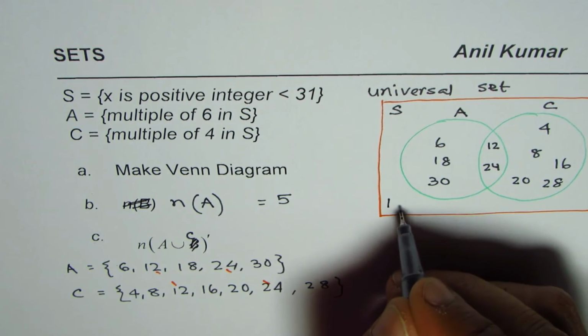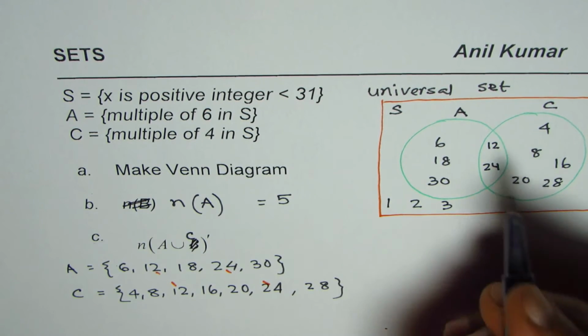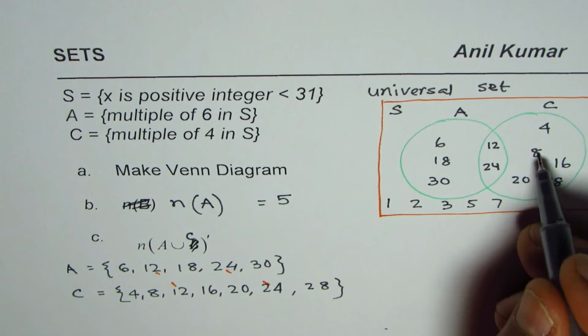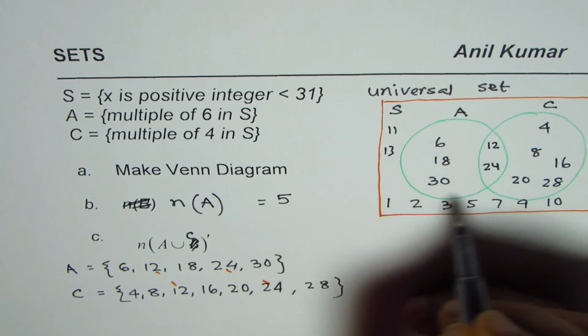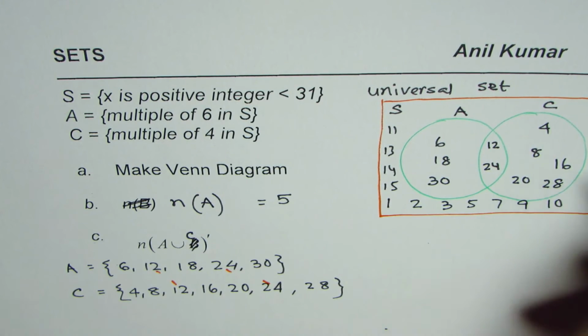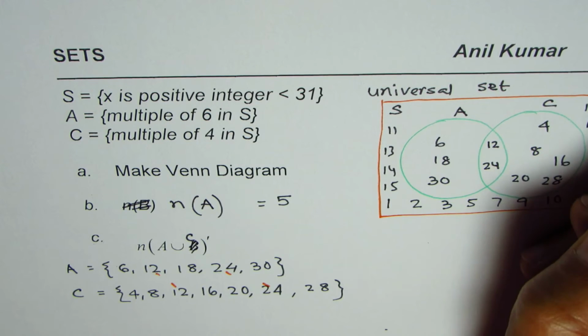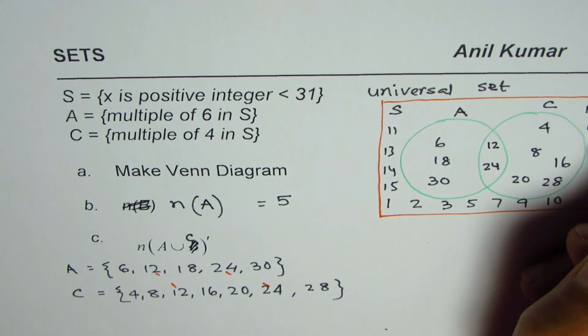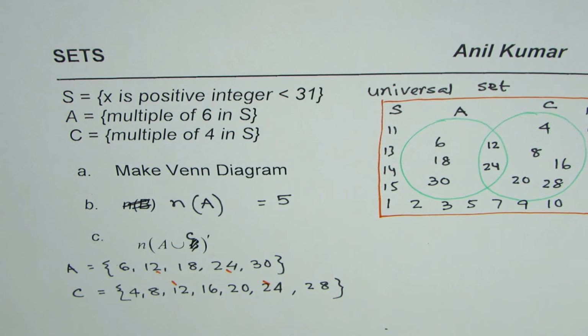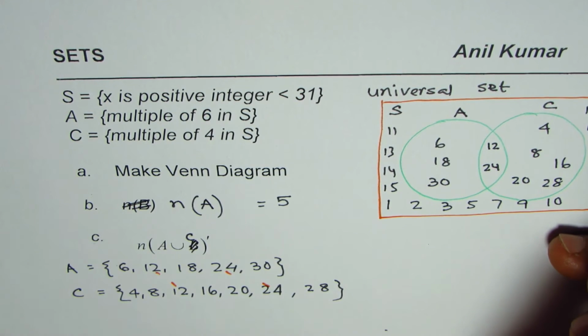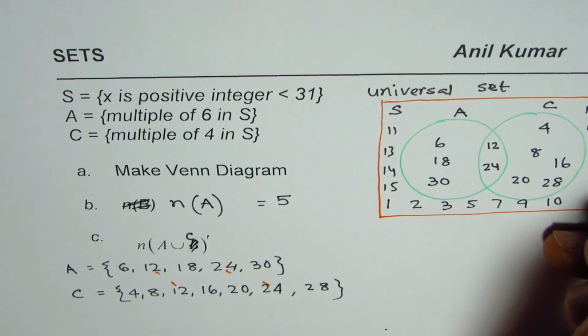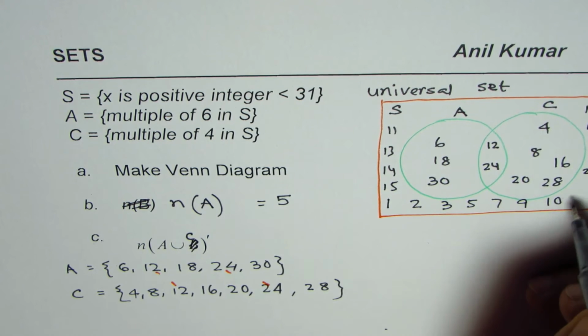We have numbers like 1, 2, 3, 4 is here, we have 5, 6 is here, 7, 8 is here, 9, 10, 11, 12 is there, 13, 14, 15, then we have 16, then 17, 18 is inside, 19, and then we have 20, 21, 22, and then we have 23. 24 is inside, so we have 25, and then 26, 27, 28 is inside, and then we have 29.